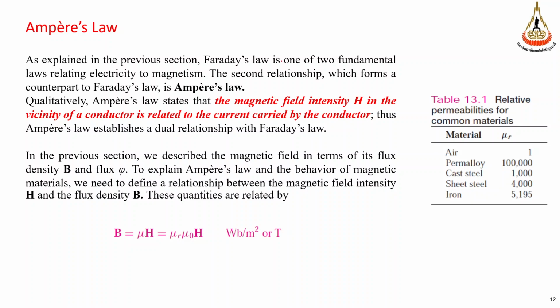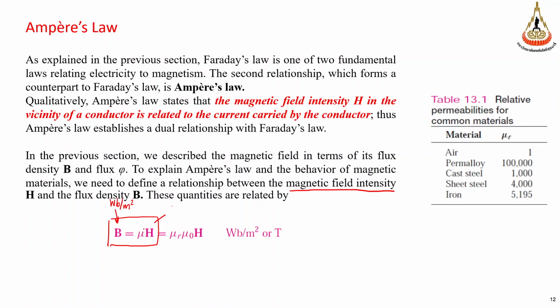And for Ampere's law, Ampere's law states that B equals mu H. B is in Weber per square meter, and H is the magnetic field intensity, in ampere turns per meter.